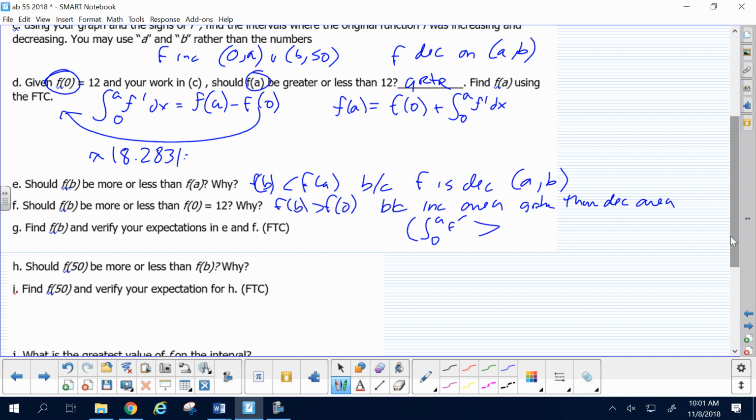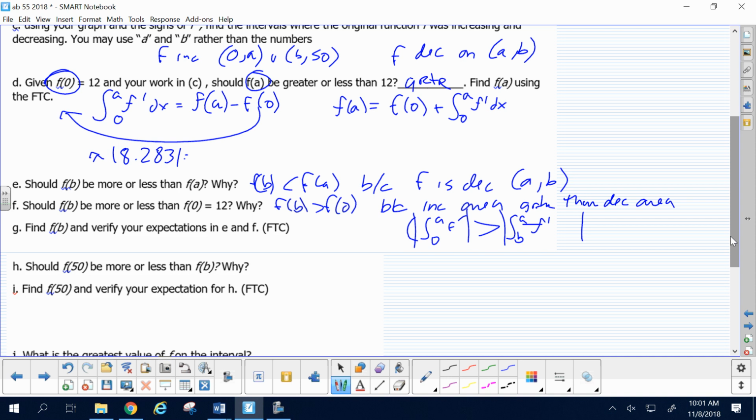So the integral from 0 to a of f prime is greater than the absolute value of the area from b to a. Obviously, it's greater if it's negative. Exactly. Yep.